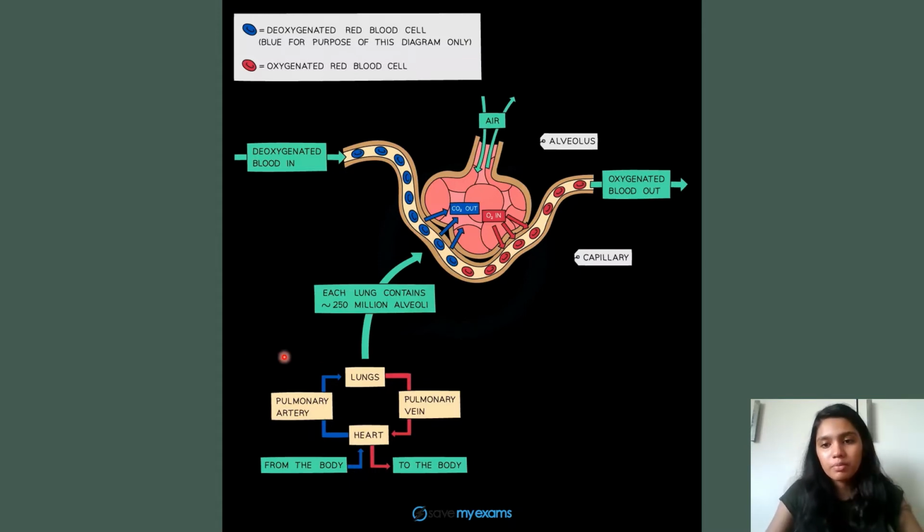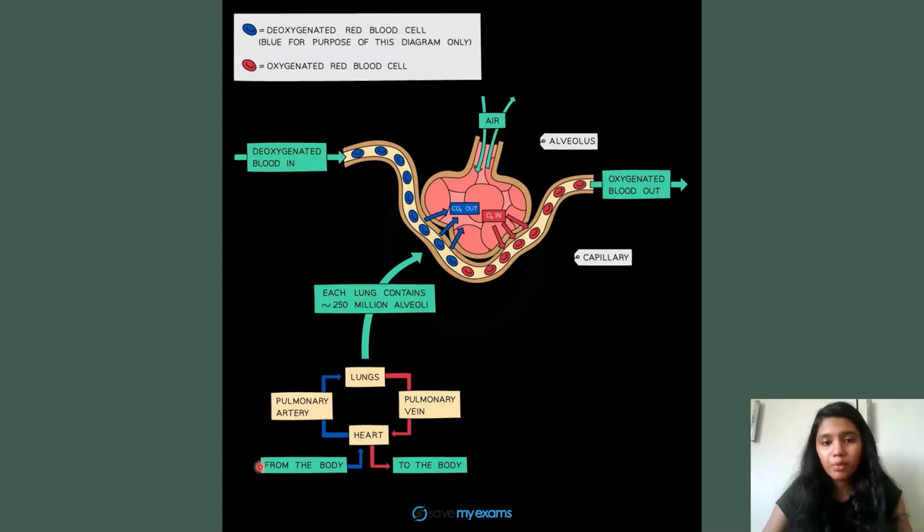So from the blood, you have deoxygenated blood from the body that enters the heart. We've done this in chapter 9 as well, so you shouldn't have an issue with this diagram. It's so simple. But just to put it into context, or if you've not done chapter 9, you can do this first.